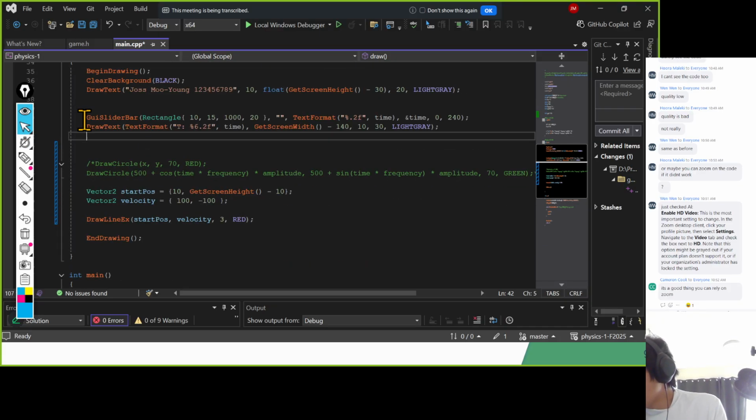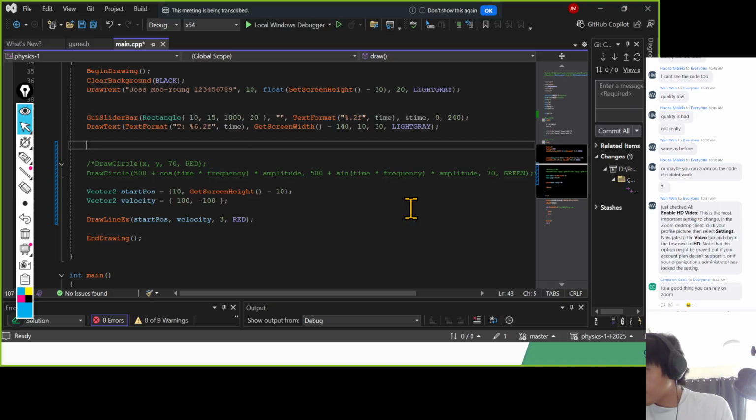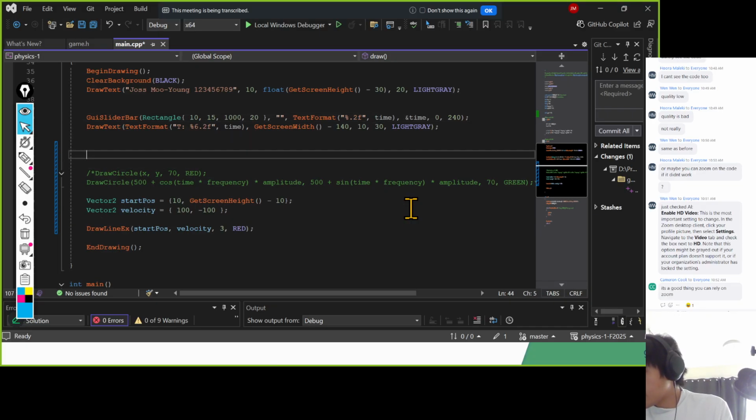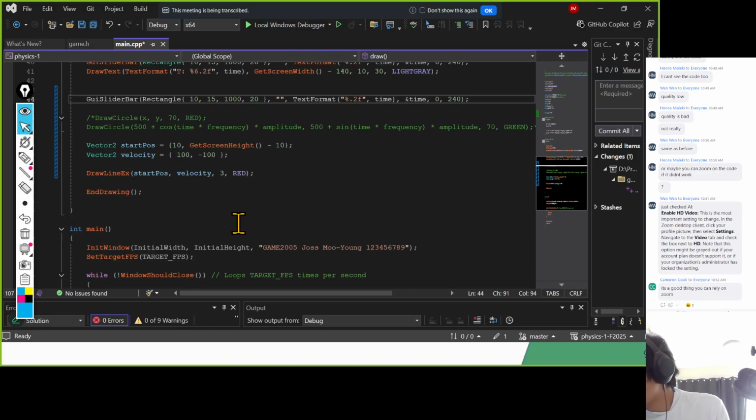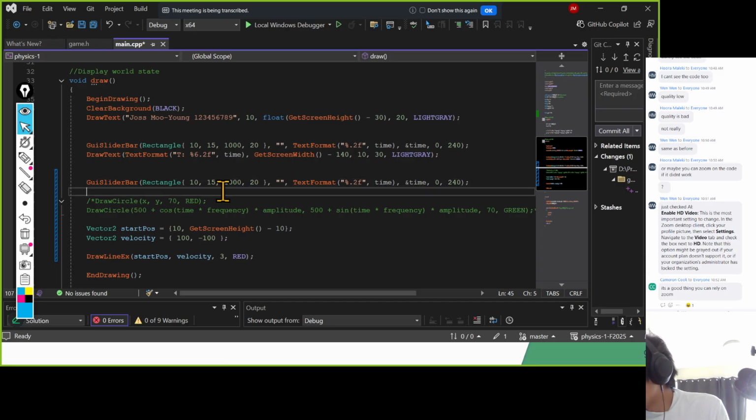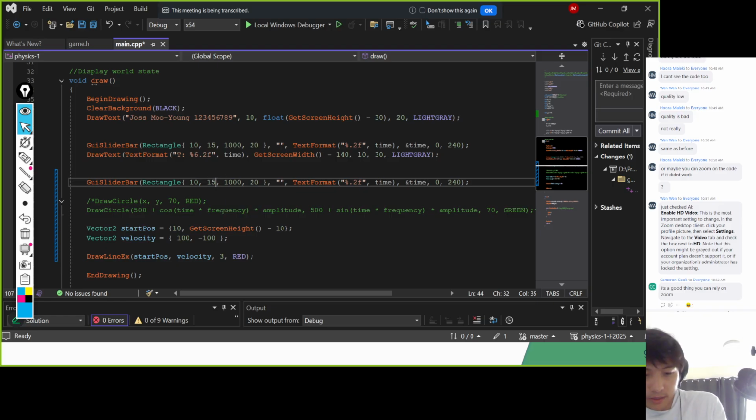All right. So here's what I wanted to do. I wanted to make another slider bar. I'm just going to copy paste this one that we had for time. I'm going to make one for not time. Let's see, X, Y. Let's set it to 40.